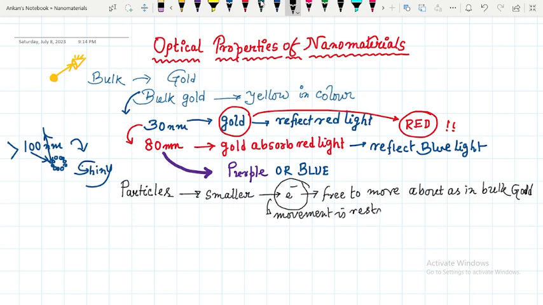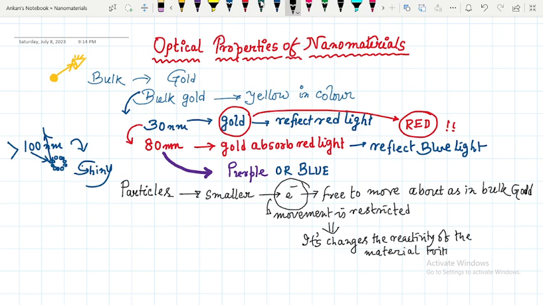So the particles react differently with light. So it changes the reactivity of the material to light.